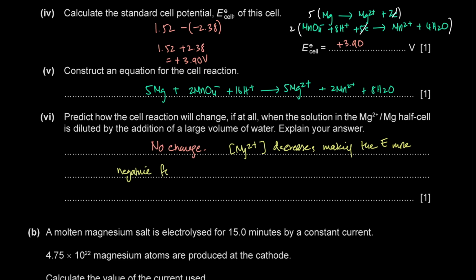To explain this further, it's because the equilibrium is shifting to the left, so the electrode potential becomes even more negative, which means that the EMF of the cell becomes more positive. So the reaction becomes even more favorable.